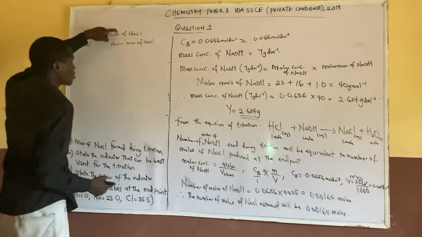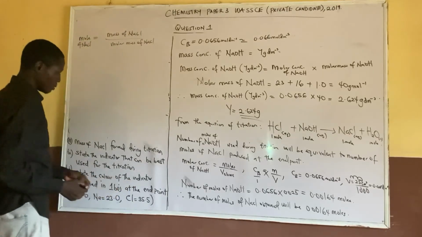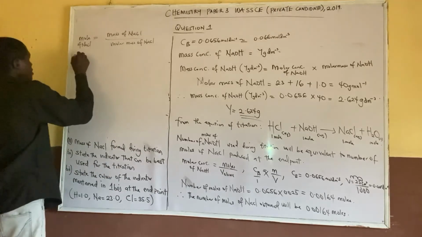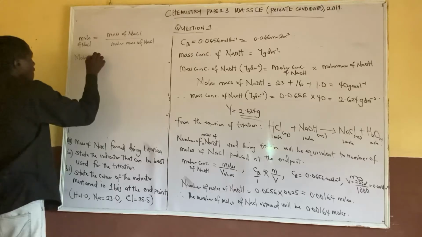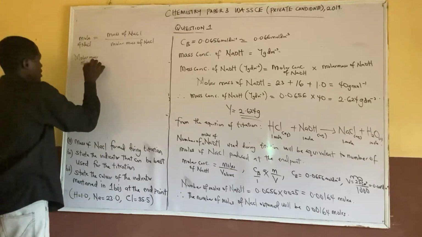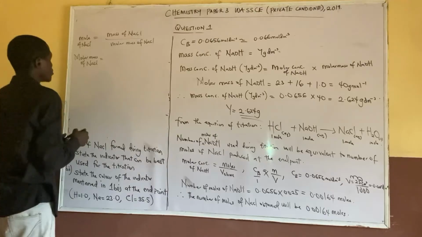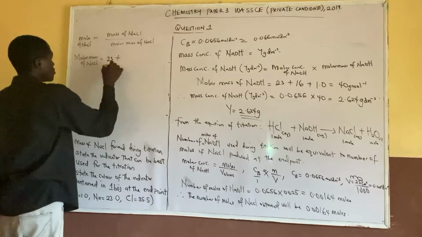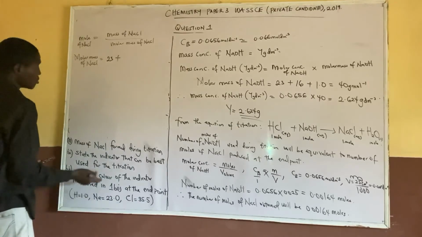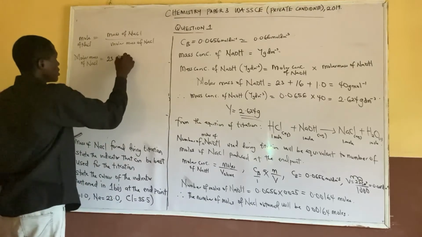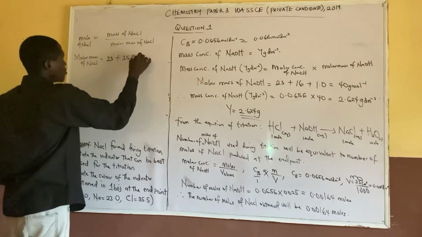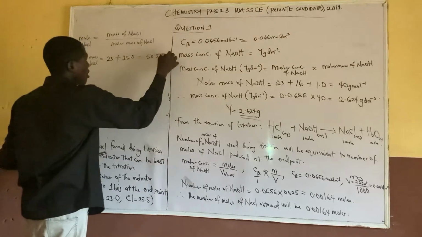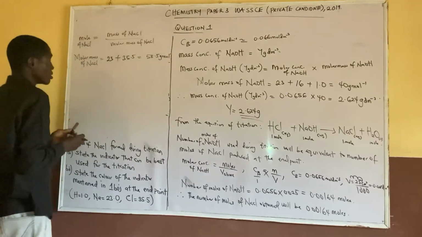We are looking for the mass of sodium chloride, and the molar mass can be obtained from the question given to us. So the molar mass of sodium chloride is 23, because the atomic mass of sodium is 23, plus chlorine 35.5, which equals 58.5 gram per mole.